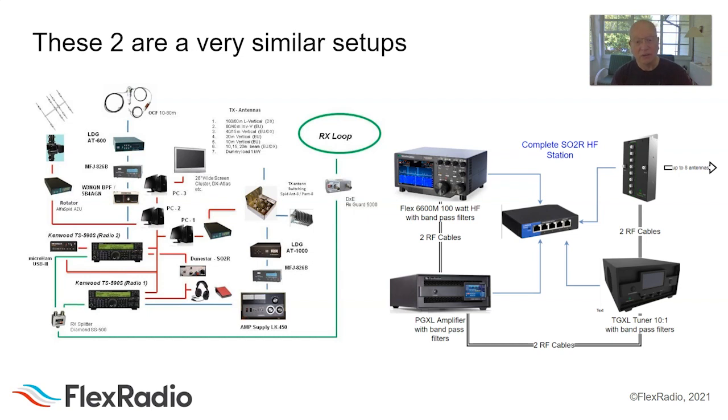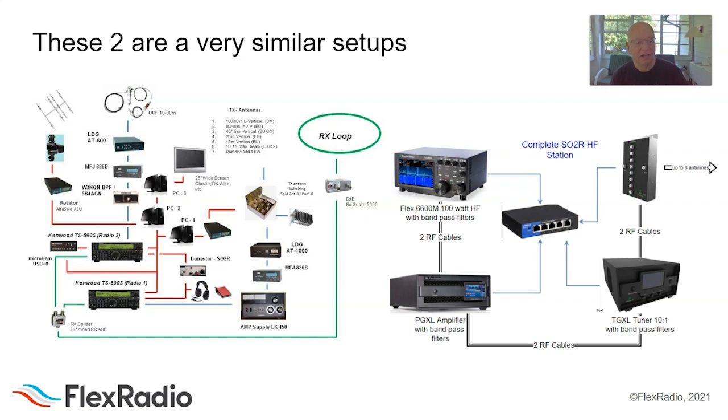While on the right, all we have are 4 LAN cables and 2 RF cables between each device. I left out the PC, so that's 1 more LAN cable. It starts to get a lot cleaner and a lot simpler, and as I mentioned earlier, a lot fewer places for RFI injection. And maybe even RF quieter so you can hear more.